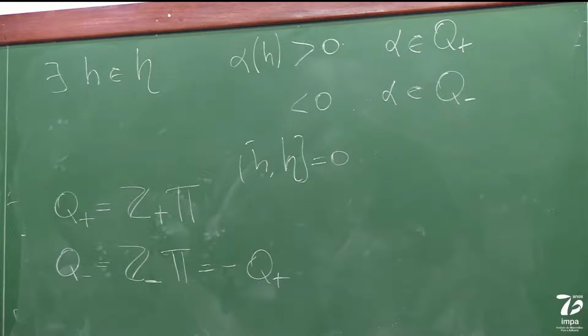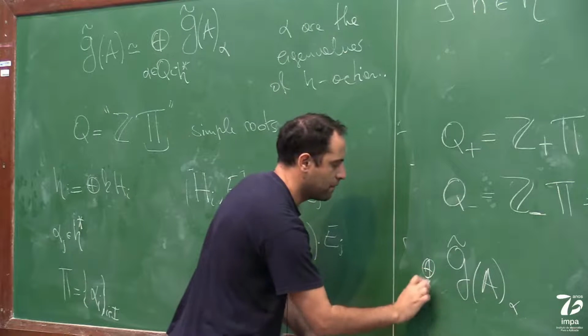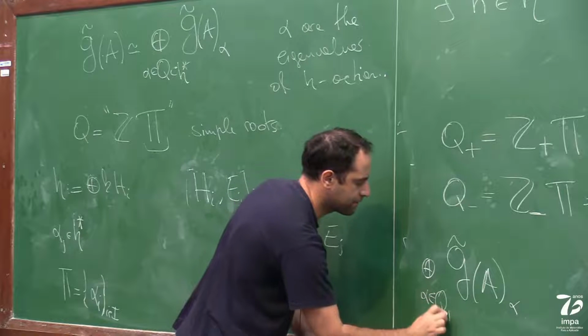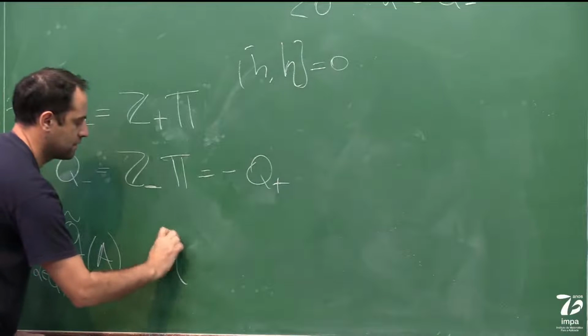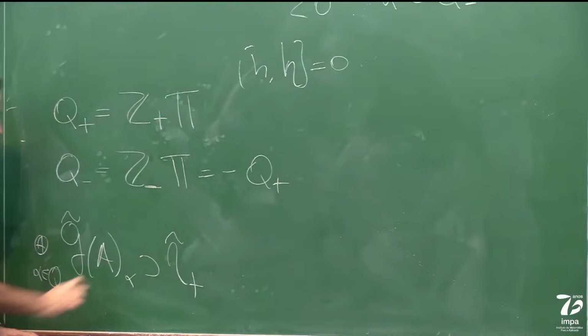So that is, if I take G tilde of A alpha, and I sum over alpha in Q plus, in particular, all of N tilde plus is there because the EIs have positive action of HIs.